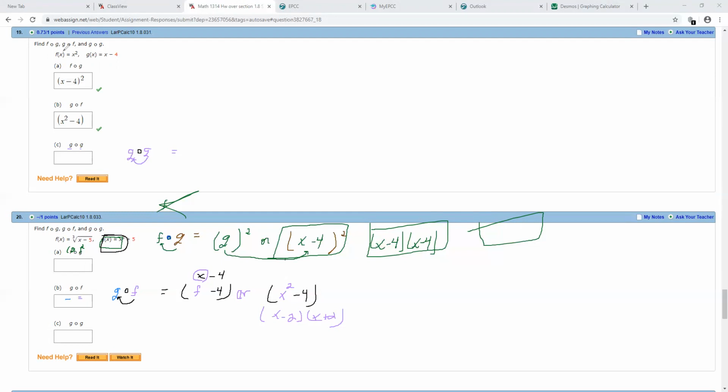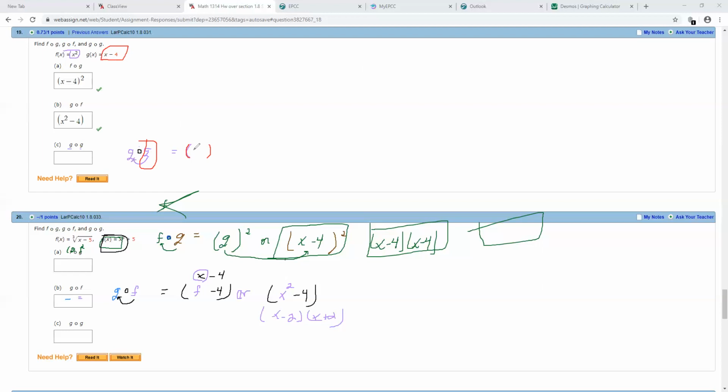Well, G is x squared. How about I highlight, I don't know if that helps or hurts. Wouldn't it be x minus 4? Oh, I'm looking at the wrong one. Yeah, so G is this right here.